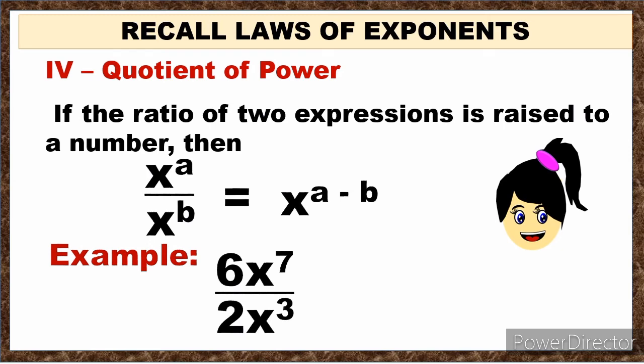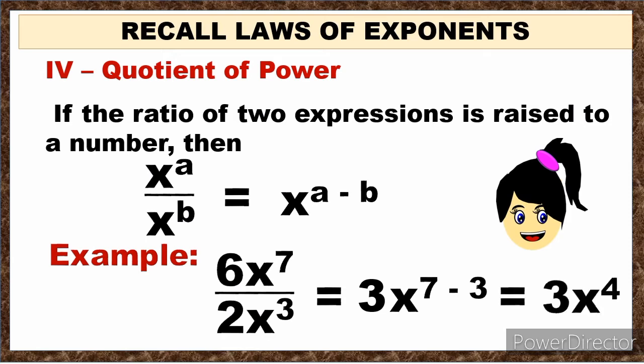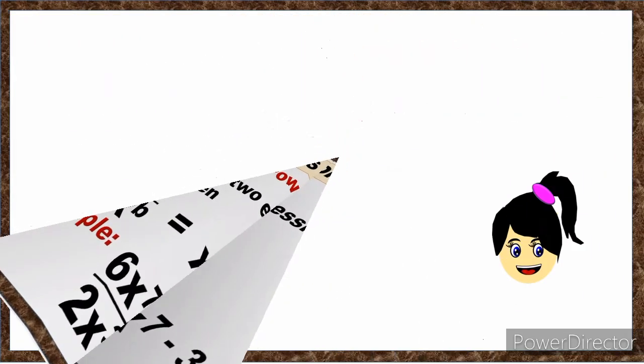In this situation, we're going to divide 6 divided by 2. 6 divided by 2 is equal to 3. And then, x raised to 7 over x raised to 3. Then, we subtract the exponents, 7 minus 3. Then, the answer now is 3x raised to 4, since 7 minus 3 is equal to 4.